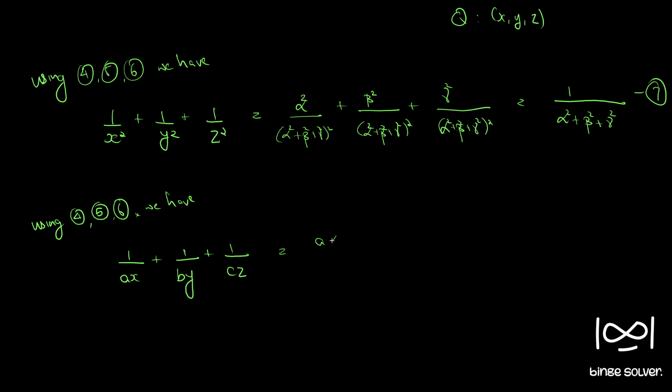So we have alpha by (alpha square plus beta square plus gamma square), plus beta by, and so on.